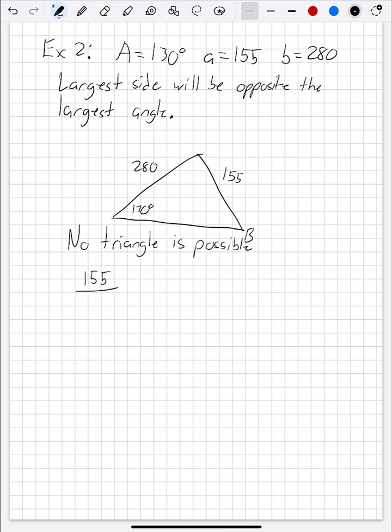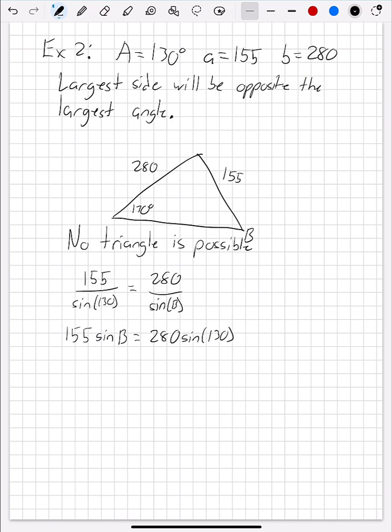So I'm going to say 155 over the sine of 130 is equal to 280 over the sine of B. Multiply over by the sine of B, so I get 155 sine B is equal to 280 sine 130.